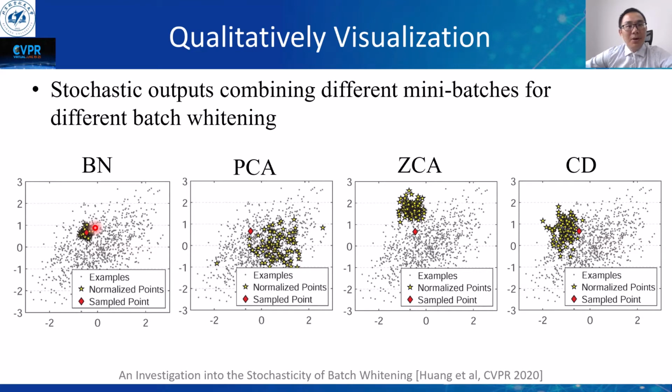Note that BN cannot guarantee that the normalized output has an identity covariance matrix, while other whitening methods can. Similarly, ZCA whitening provides reduced stochasticity compared to CD whitening. In fact, ZCA whitening has been shown to minimize the total squared distance between the original and whitened variables.